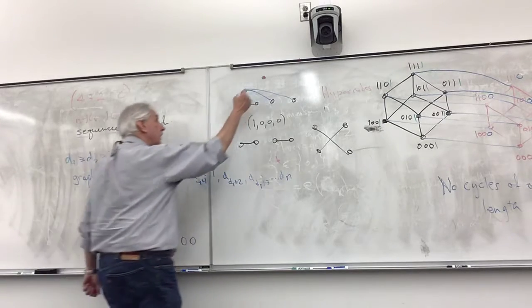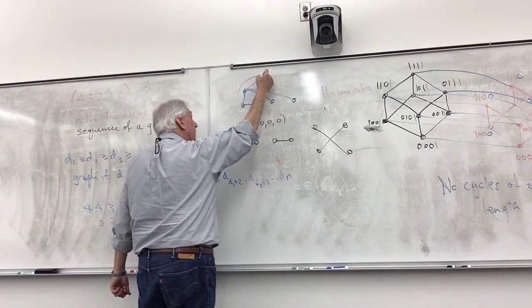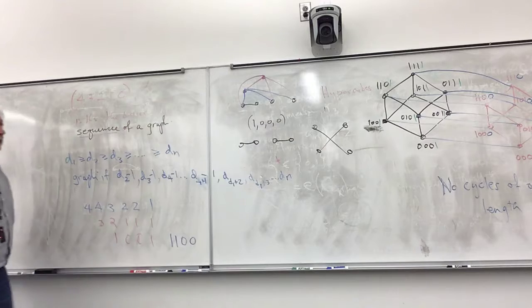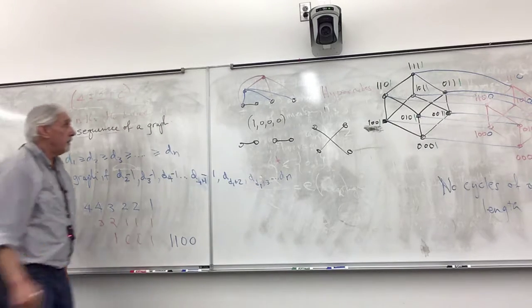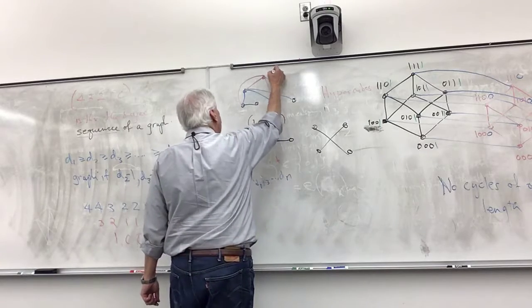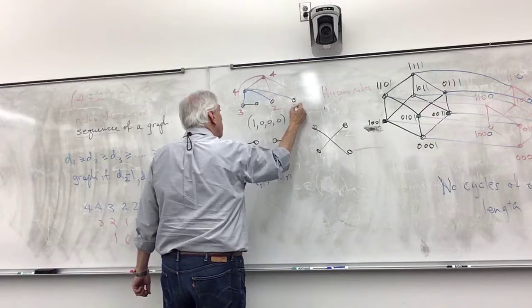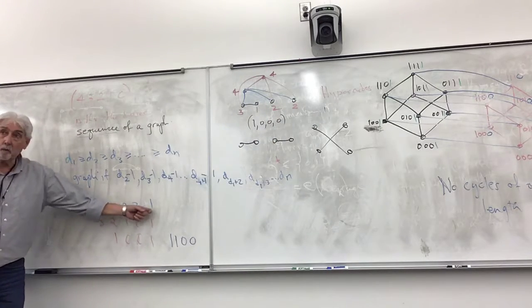So we put it adjacent to 3, 2, and it doesn't matter which ones. And now what's the degree sequence? The degree sequence is 4, 4, 3, 2, 2, 1.